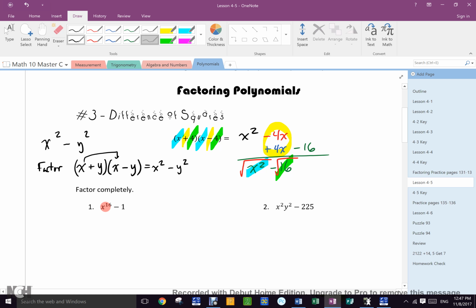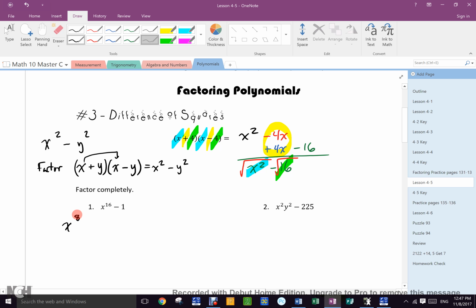Does that have a square root? Of course it does. What is it? No. It's a power of 16. X to the fourth. So that is x to the fourth. Sorry, it's not x to the fourth. It's x to the eighth.